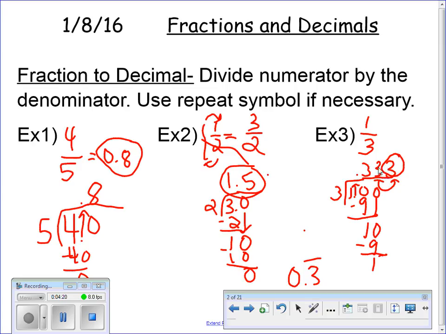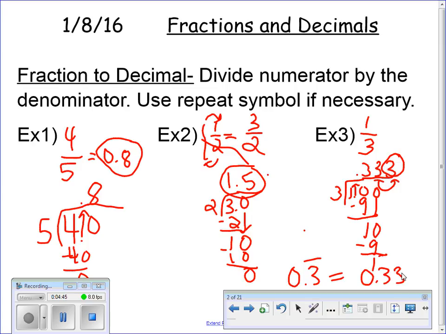If it's 5 or more, our 100ths place digit is going to increase by 1. But if this is 4 or less, my 100ths place value stays the same.